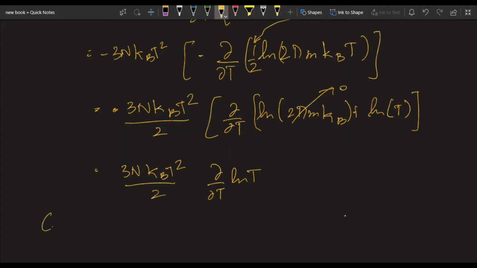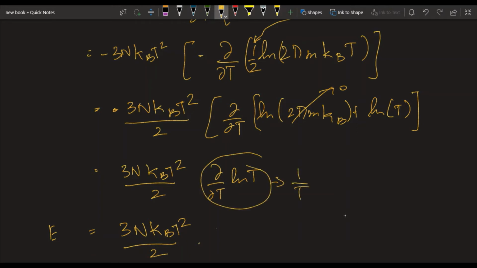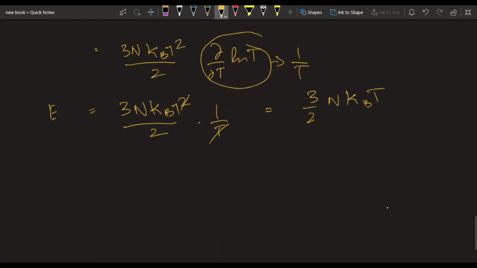The total energy E is 3n kB T square by 2 times 1 by T. T gets cancelled, so this becomes 3 by 2 n kBT. So if we combine them together, this becomes the gas constant R. So E is basically 3 by 2 RT.